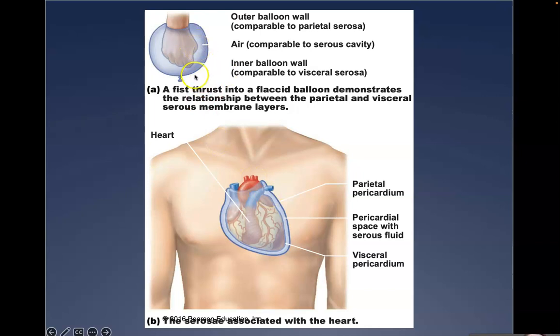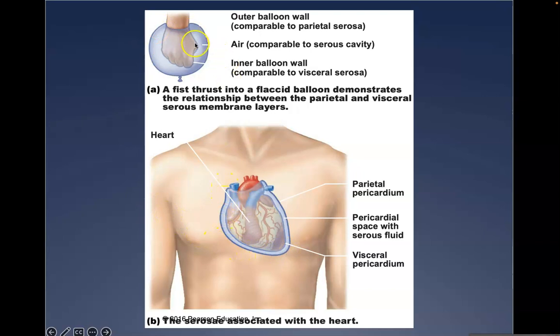So again, when we talk about these double membranes, let's talk about the one that directly goes around the heart. We give it the name the pericardium. This whole thing that goes around the heart, this double membrane and the fluid in between, is called the pericardium. The outer layer in this case is called the parietal pericardium, because it's the outer layer.